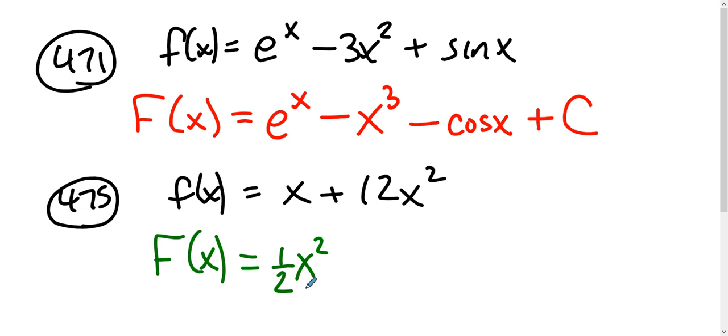This is the sort of thing we can expect to see when we find an antiderivative of a polynomial. The power goes up instead of down, and we divide by the thing we put up there. This seems to be the way this goes. Similarly, how do you get something whose derivative is x squared?